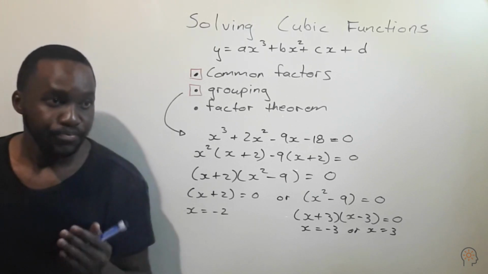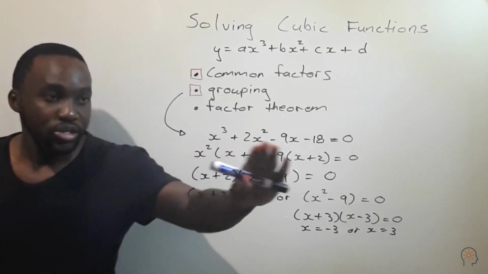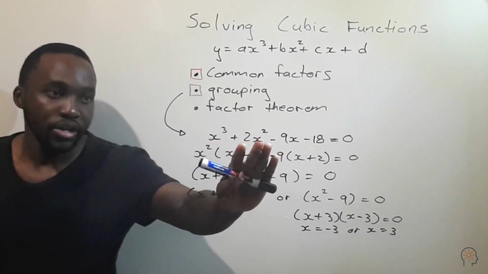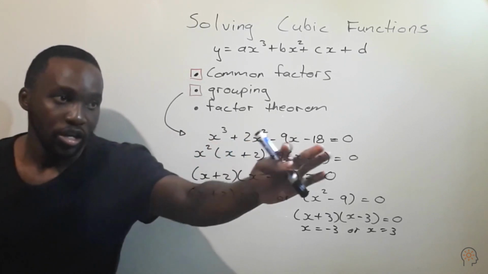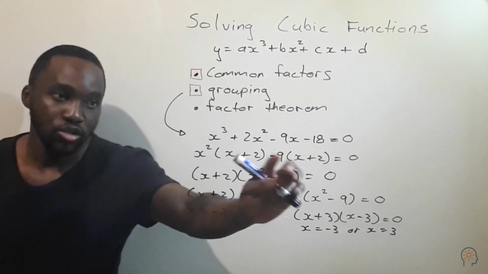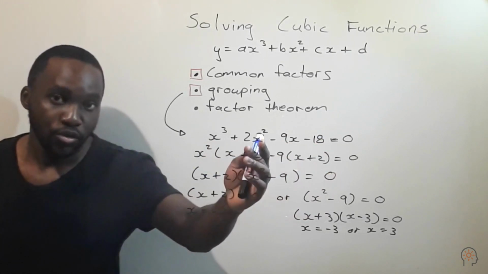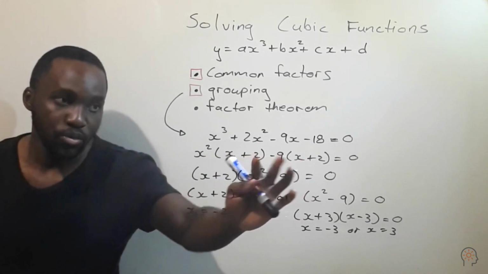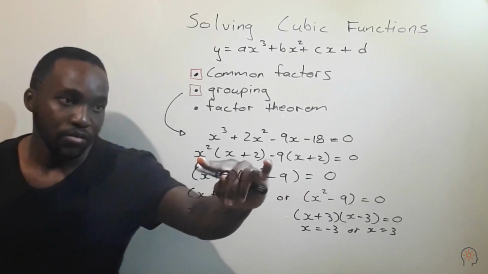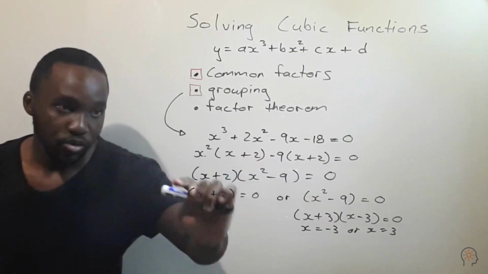If you're not, all that has happened is we looked out for something that is common amongst at least two terms. These two have something in common, these two have something in common. So we took that out here and there, and because of your grouping method, you always want to look out for a trend that looks like this. So this will be one of your brackets, and whatever this is and whatever that is will be your second bracket. So you would have factorized.